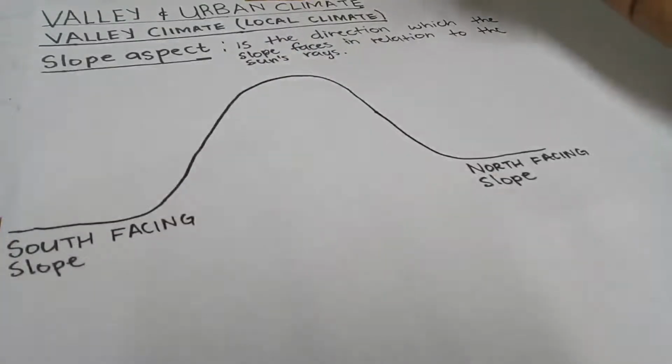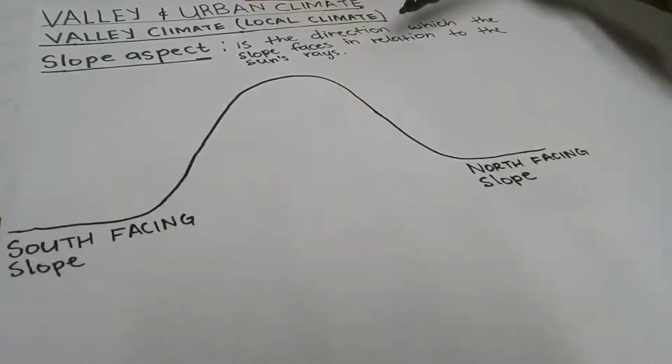So basically, this definition is saying that slope aspect is the direction.